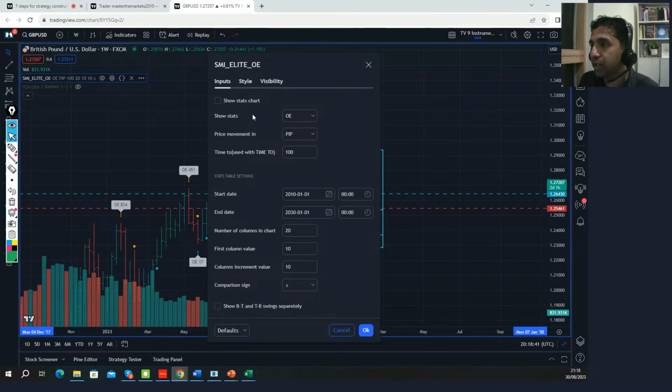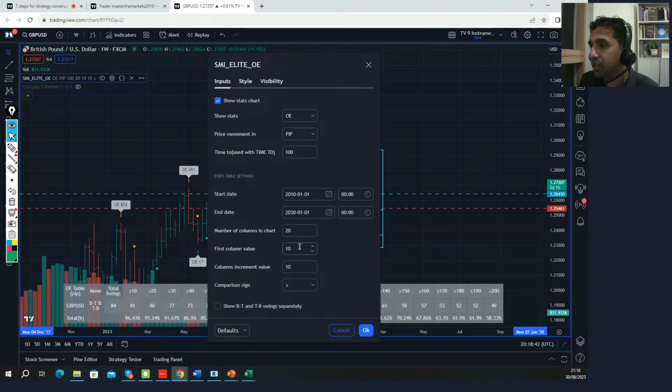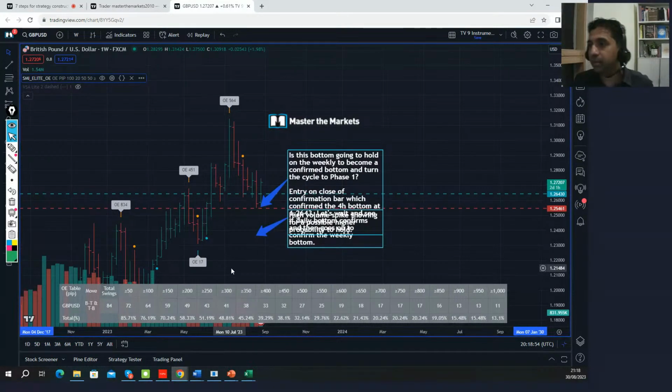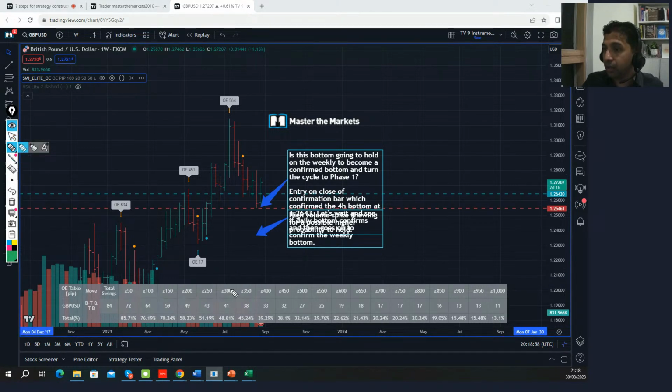If I go on the settings over here, show the stash chart, and take a look at the amount of pips and all of that, you can take a look very quickly on the table. Once it confirms, I can take it all the way to at least the 50% mark, which is 250 pips after I get a dot onwards. This is what I can be looking at as my first point of taking out some profit.